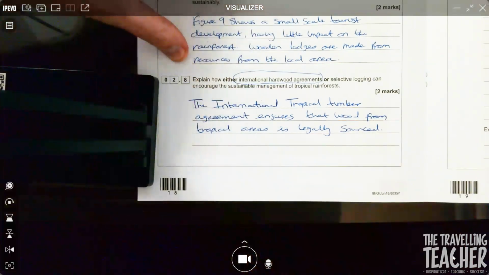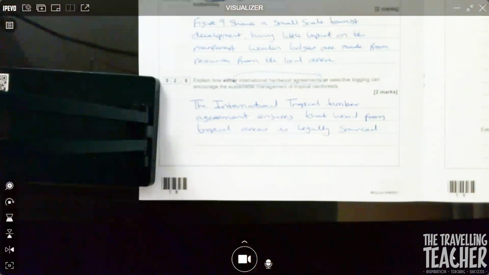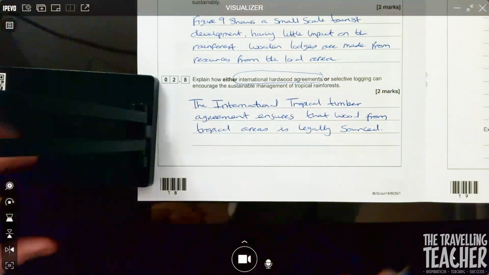So the International Tropical Timber Agreement ensures that wood from tropical areas is legally sourced. Okay, well done, everyone.